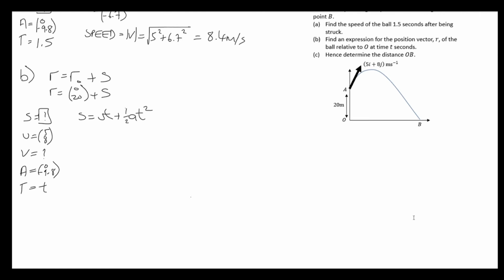Okay, so displacement is going to come from this SUVAT formula. We're going to substitute in our vectors: (5, 8)t plus (0, -4.9)t squared. Okay, so let's just resolve this right hand side. We'll get the resultant, and that actually is quite a nice vector. So this is the displacement from the original position. To find the position vector, we need the original position plus this displacement. So I'm just going to go back up here and add this on.